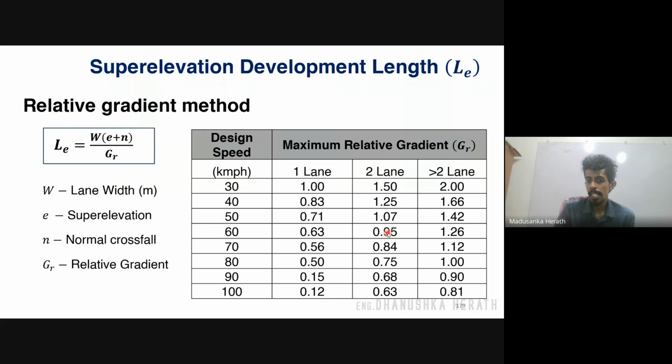So we can select the appropriate value from this for different speeds and lanes, directly substitute here and get the super elevation development length. Right. So take 1 minute and write down this equation and this notation.